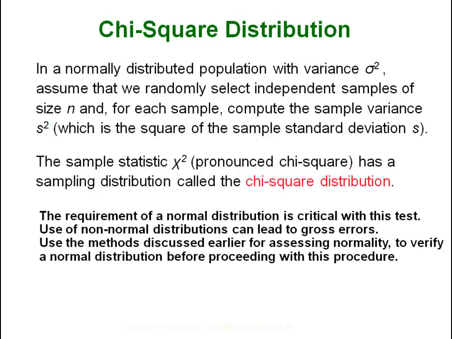It really just has to come from a normal distribution. So the requirement of a normal distribution is really critical for this test. If we sample from a distribution that isn't normal, then we get really big errors, and the results we get are really suspect. So you really want to make sure that you're verifying the population you're sampling from is actually normal before you apply a chi-square test to it.